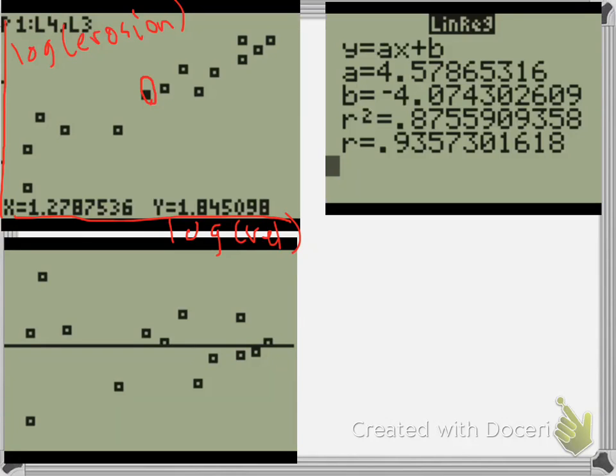I can see it doesn't look much different than the other model. It doesn't have that much different R value, so we're feeling pretty good.